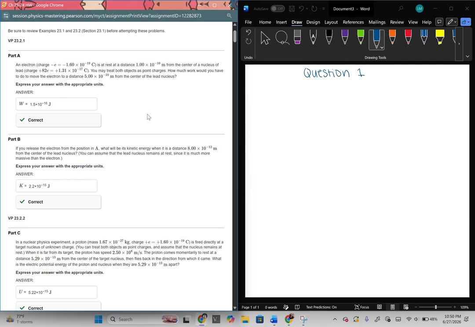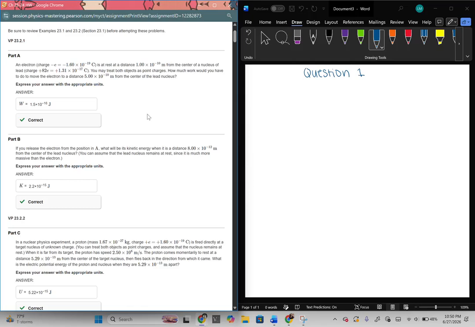An electron with a charge of negative e equals negative 1.60 times 10 to the negative 19 coulombs is at rest at a distance of 1.00 times 10 to the power of negative 10 meters from the center of a lead nucleus.